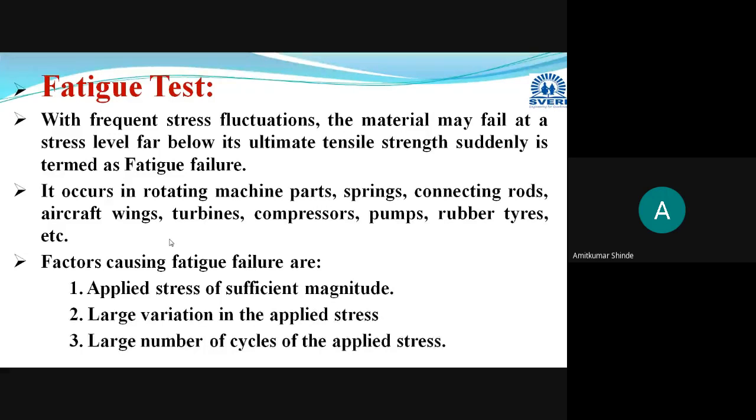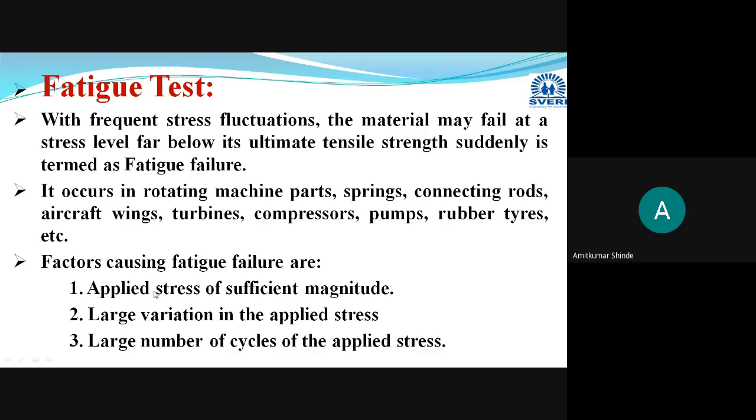Then what are the common causes for occurrence of this fatigue failure? There are three common causes. If you combine these three common causes, it will result in stress fluctuation.